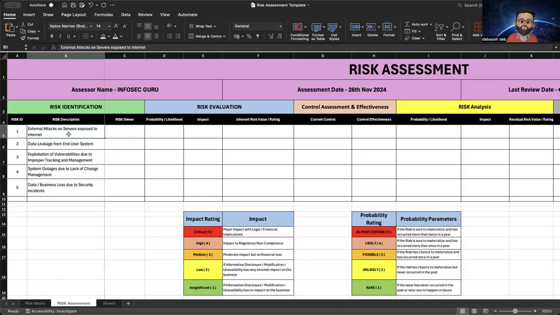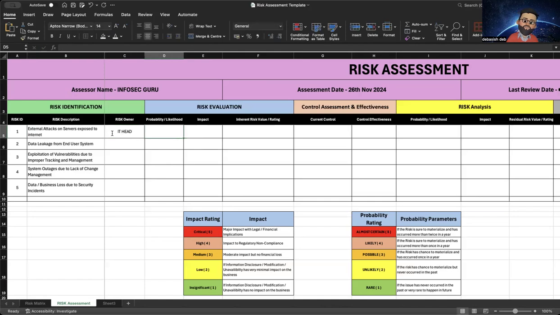Okay, so the first scenario is external attacks on servers exposed to the internet. So this is a risk, right? Whichever servers our organization has, if they are exposed to the internet, then it is a risk. A risk owner could be the server owner, might be the IT head.